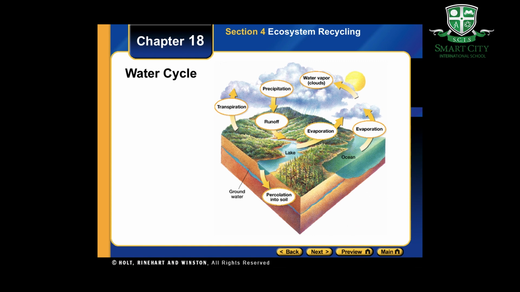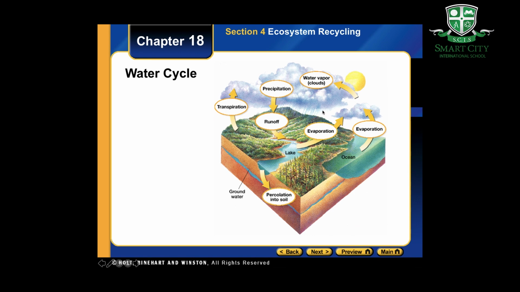All of those form clouds, okay? When the clouds become crowded and contain lots of water vapor, it transfers again to the earth by something called precipitation.